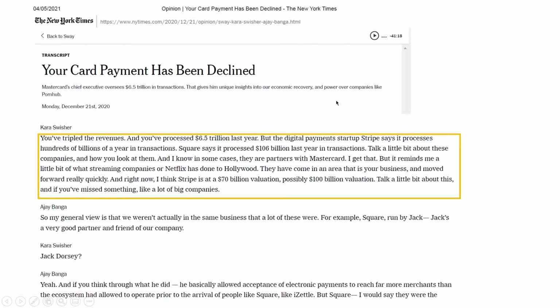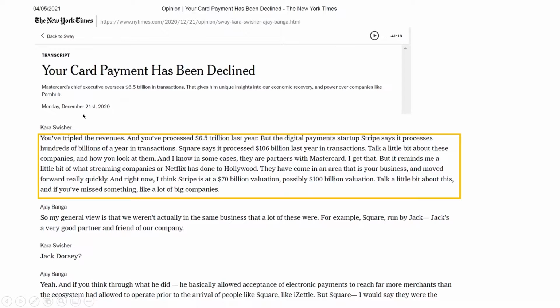So I want to show you also a part of an interview that the New York Times had with the CEO of Mastercard, and the interviewer asks, "You've tripled the revenues, and you've processed 6.5 trillion last year."